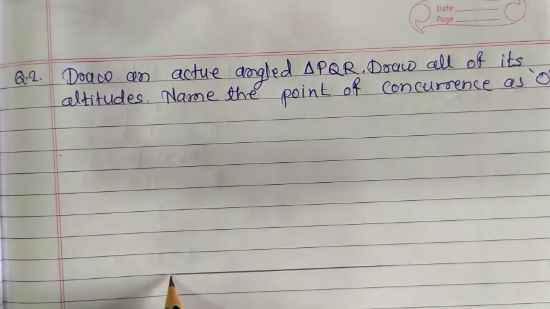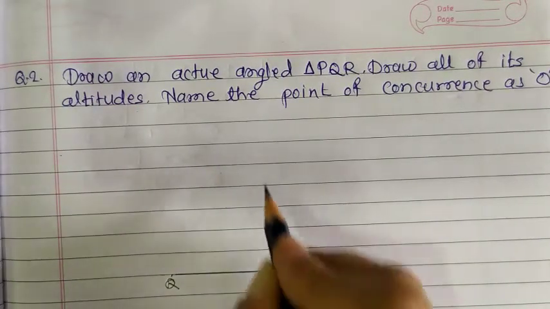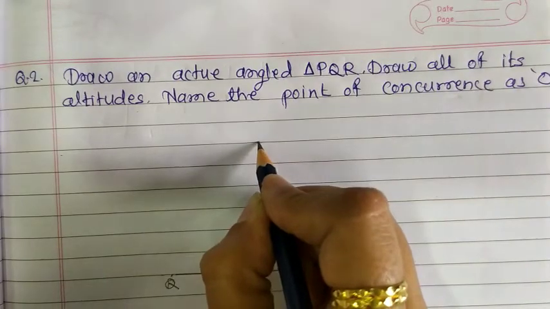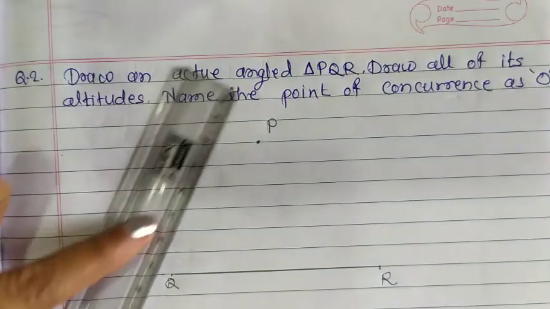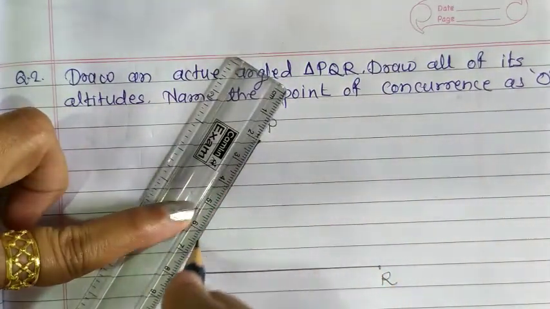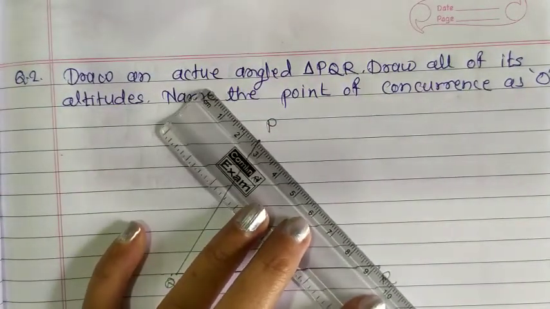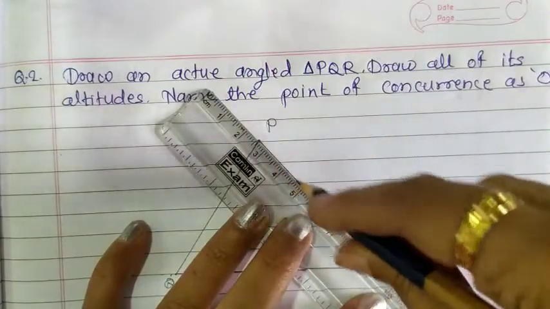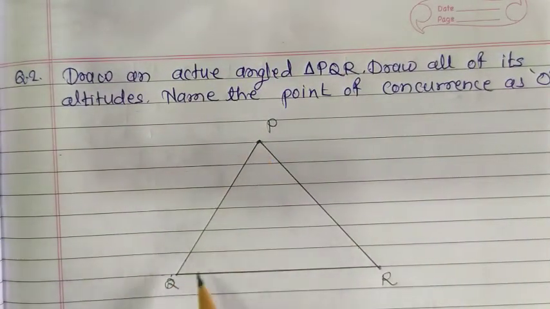Here the base is QR. Here we are taking the point P. This is the acute angle triangle PQR.